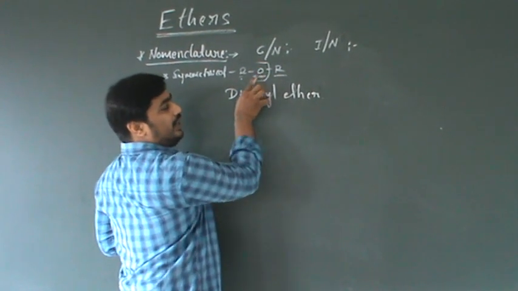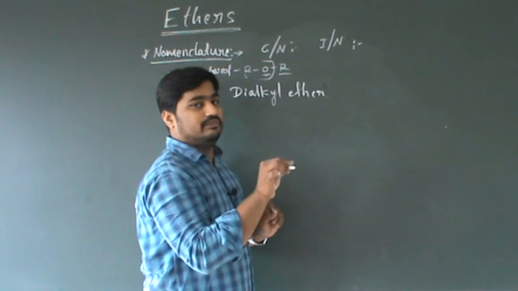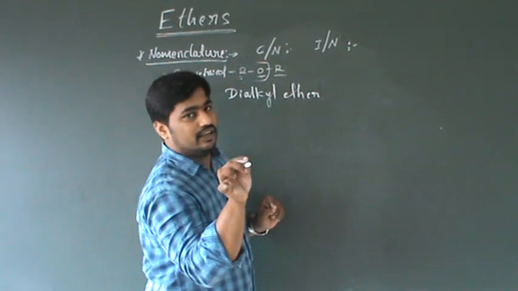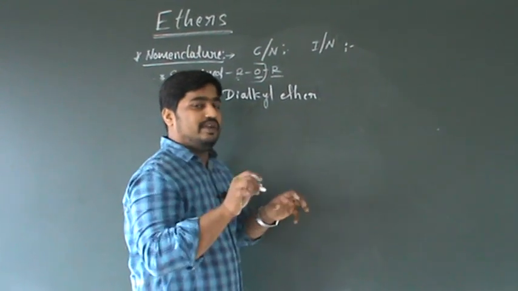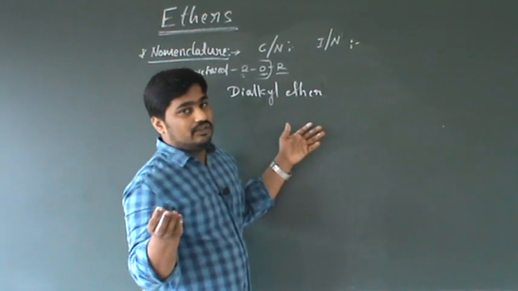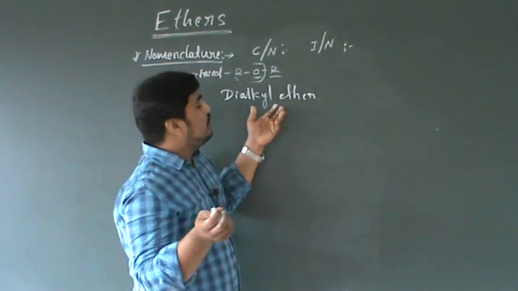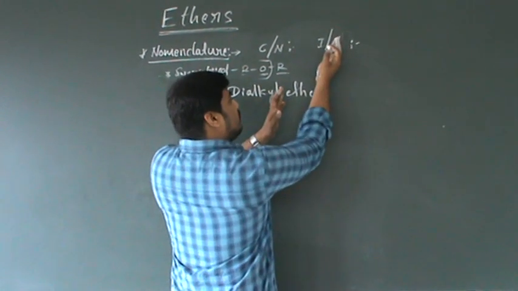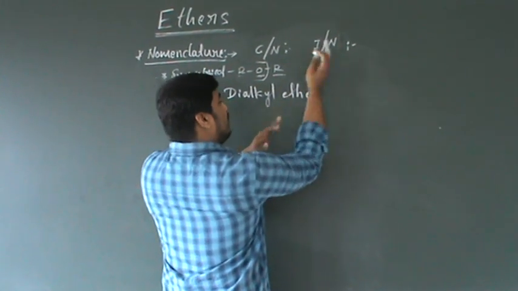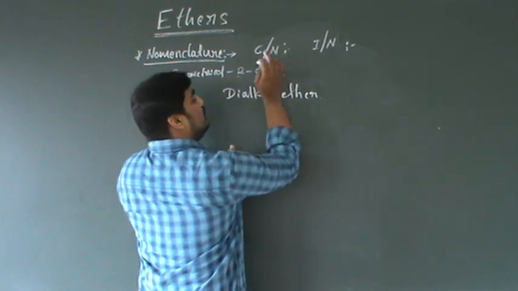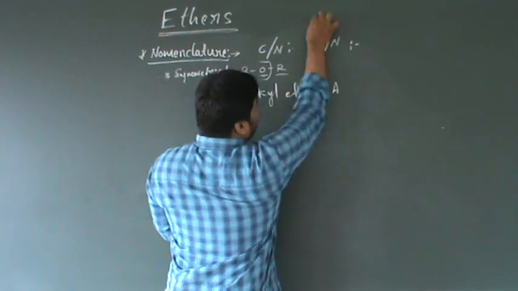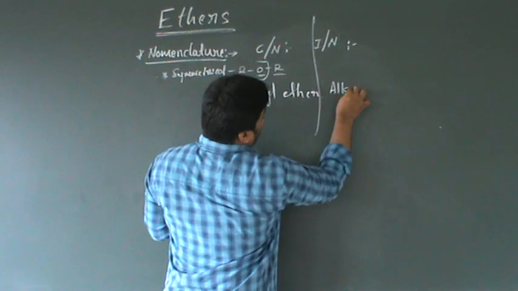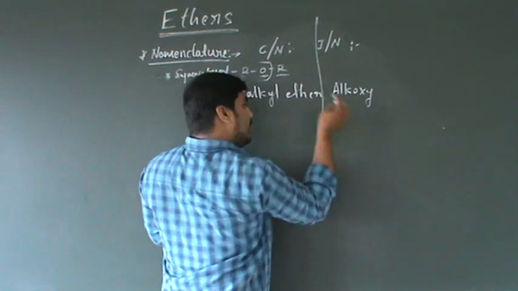Please remember, any alkyl group containing oxygen is alkoxy. You already did this type of naming in your first year. In the IUPAC naming system, alkoxy is named first.